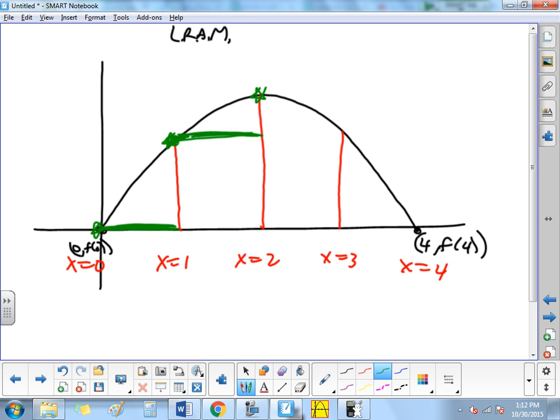When I go from x equals 2 to x equals 3, I'm looking at these two dots, the vertex in this next one, and I pick the one on the left, and I go straight across. And lastly, when I go from 3 to 4, I start at x equals 3 and go straight across. These are the tops of the 4 rectangles, and their left endpoint is connected to the curve.